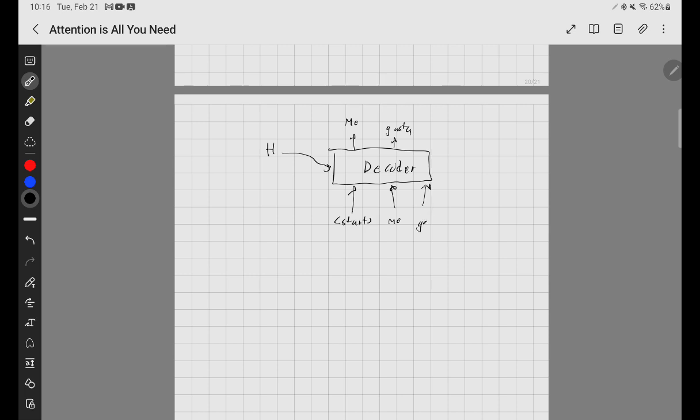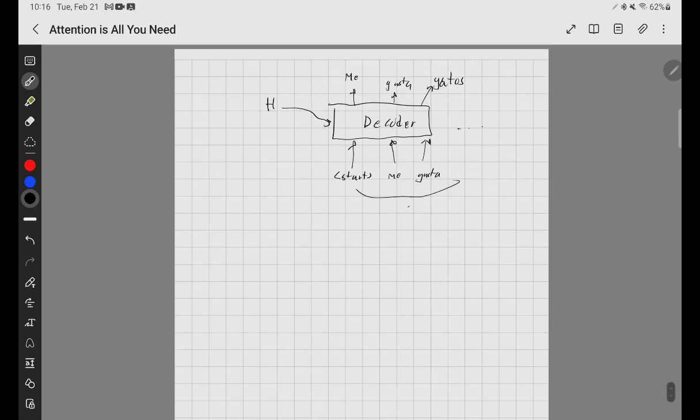Then I feed that through and I would get the word gatos. And then you keep going, and you have to do this S times, where S is equal to the sequence length, and that takes a while. You don't want to do that. During generation time, it doesn't matter; you can't bypass that because it's inherently sequential. But you can actually bypass this during training, which is very nice.